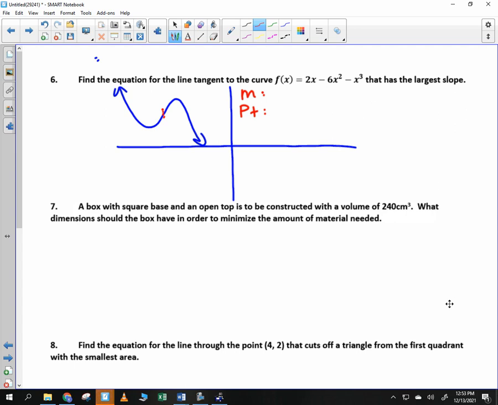So let's take the first derivative, okay? F prime. What is it? Good. So does F prime tell me slope, or does that tell me inflection? It tells me slope, right? So this is where we're going to get our slope.